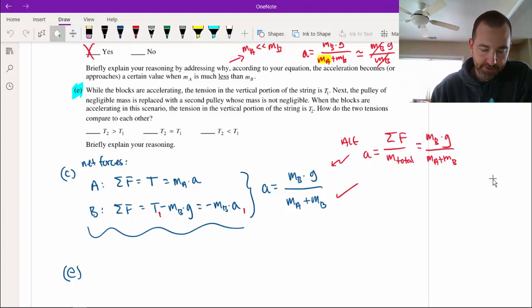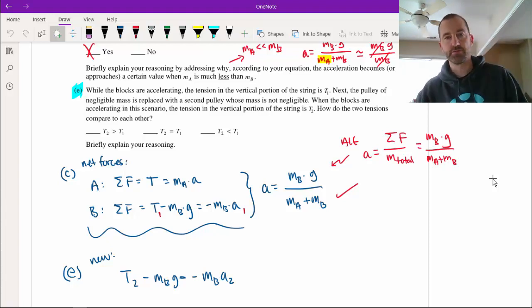So for the new situation, we would have tension 2 minus mbg equals negative mba2. So we're just replacing the new acceleration, we don't know what it is, with the new tension that's vertically there. So in this case, we would have to ask ourselves what's the same and what's different.